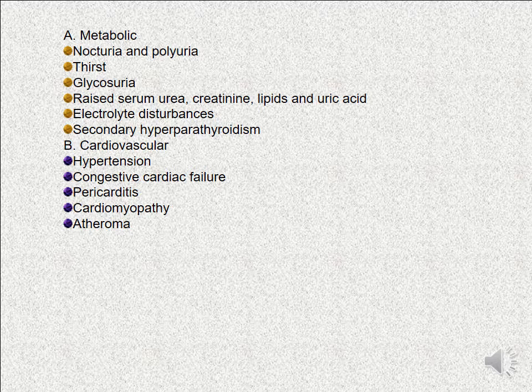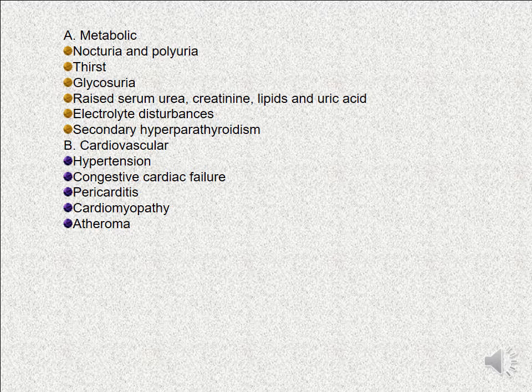The signs and symptoms are divided according to system. Metabolic: nocturia and polyuria, glucosuria, raised serum urea, creatinine, lipid, and uric acid, electrolyte disturbance, secondary hyperparathyroidism. Cardiovascular: hypertension, congestive cardiac failure, pericarditis, cardiomyopathy.